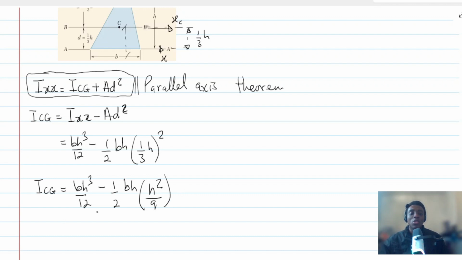So it's actually going to be ICG equals bh cubed over 12 minus 1/2, so bh cubed, 2 into 9 is 18. So it's going to be something like this.